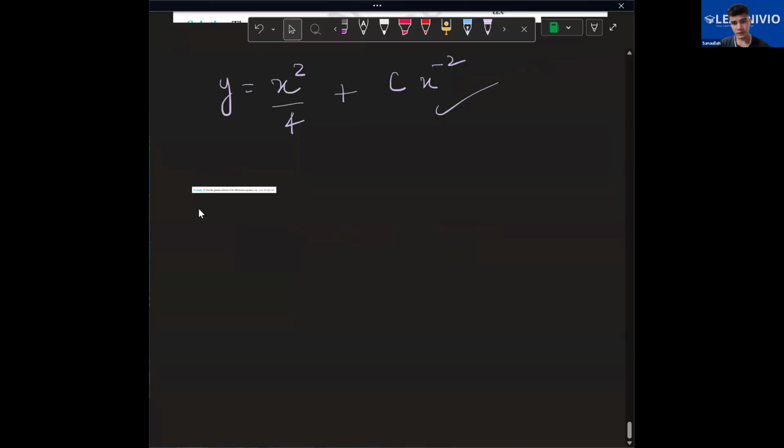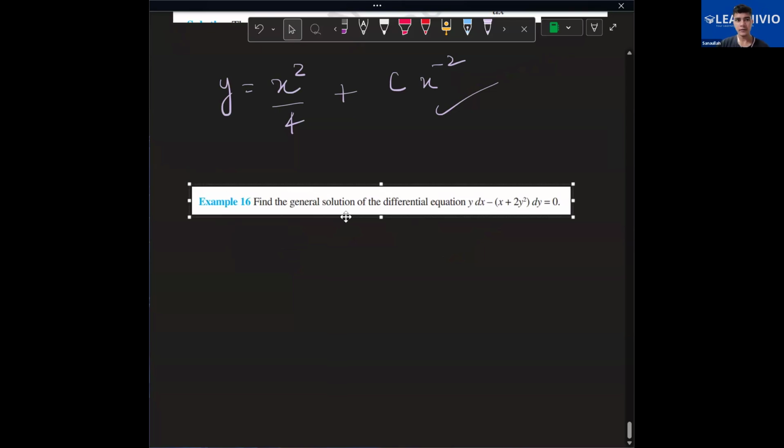It may be possible that you are not given an equation in dy by dx form. For that you have to make your equation in dy by dx form. And I hope you know very well how to make these type of things.